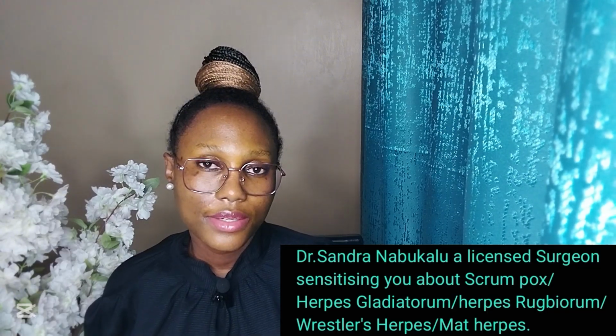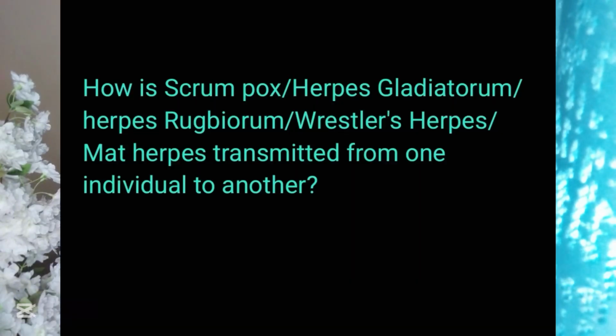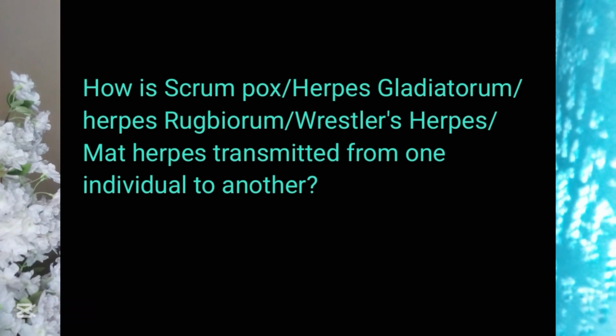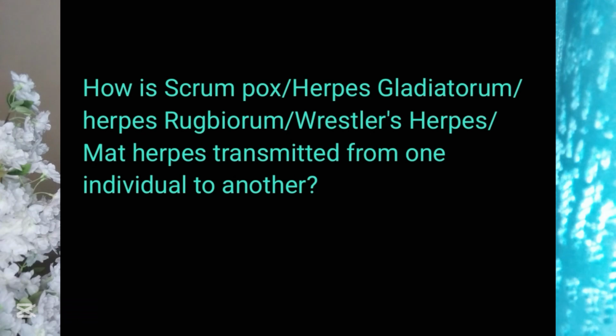Scrum pox can be transmitted from one individual to another through skin-to-skin contact, even in the absence of skin lesions. This is because some individuals can be infected by the herpes simplex virus type 1 and will never present with skin lesions.